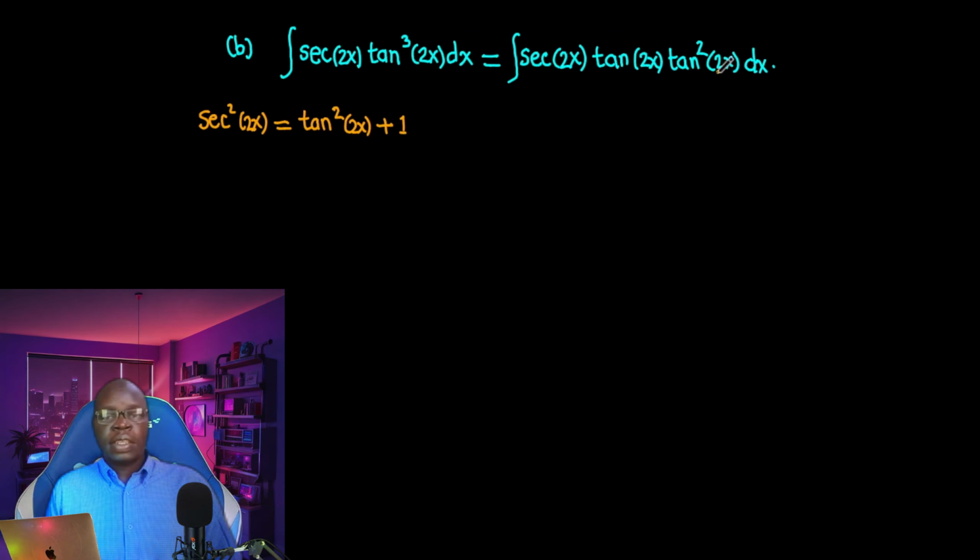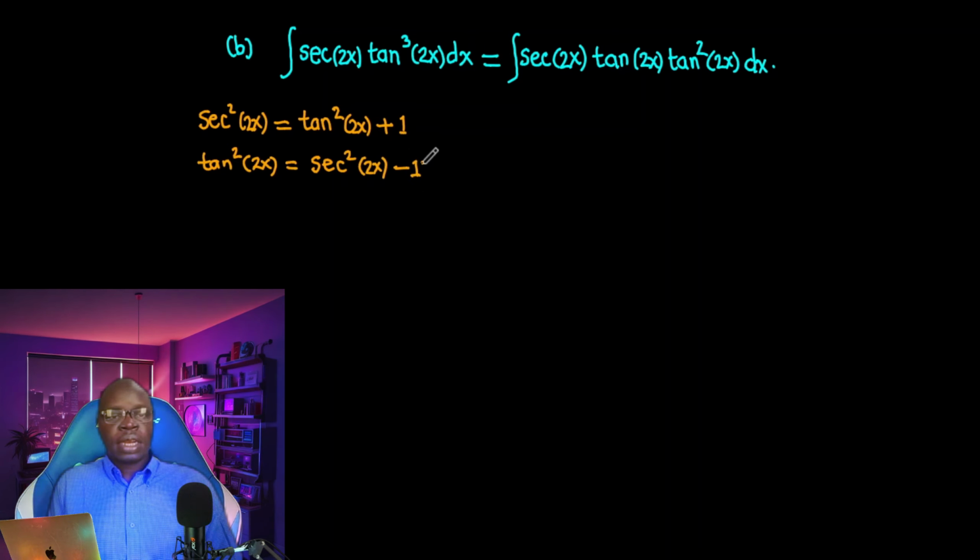So here, since the question is in terms of tangent, then we can make tangent the subject by taking 1 to the left hand side, and we have tan square 2x should be the same as secant square 2x minus 1. I've just swapped it around.